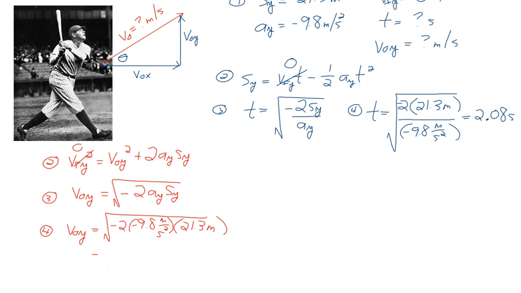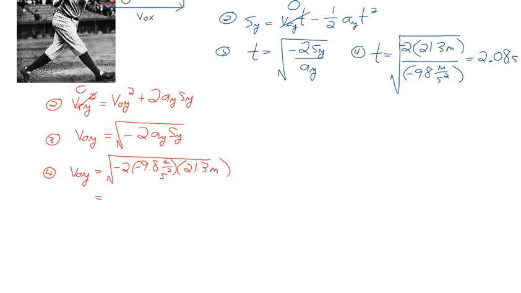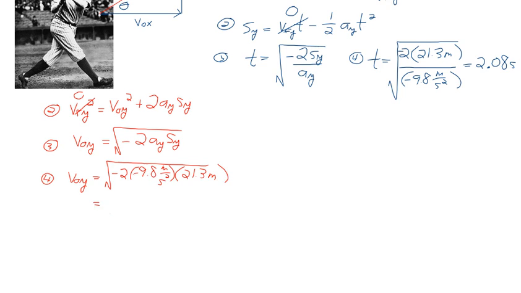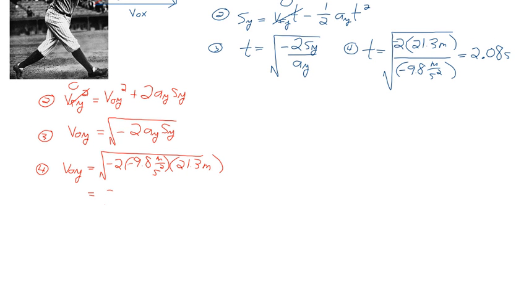And so if we solve that, that's going to get us half of our VO, because it's going to get us the Y component of our VO. And what does that work out to be? It looks like it's going to be somewhere around 20.4 meters per second.